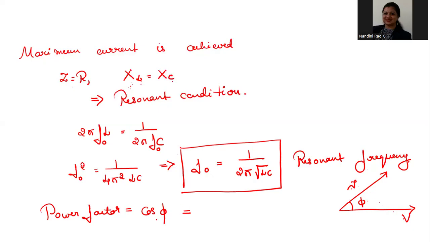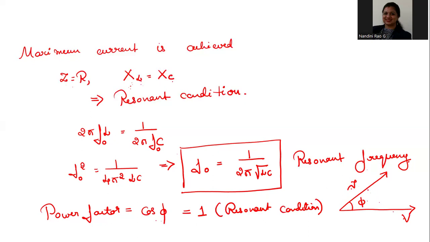So power factor is given by cos phi. Cos phi is equal to 1 for resonant condition only. Please write down. Usually it can be anything. If it is only capacitor or only inductor, do you know what will be the cos phi? Only L or only C? What will be cos phi?